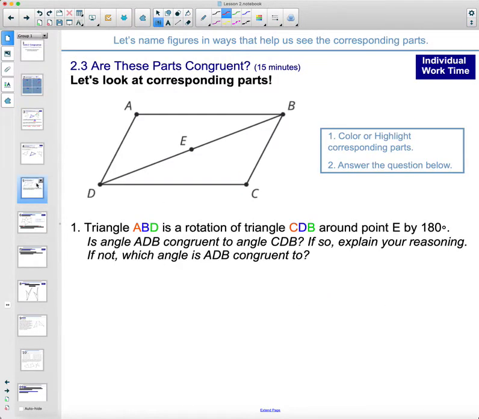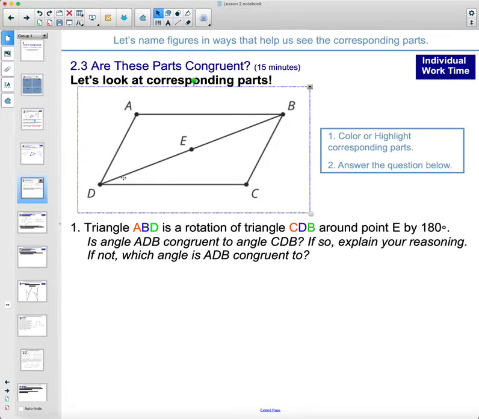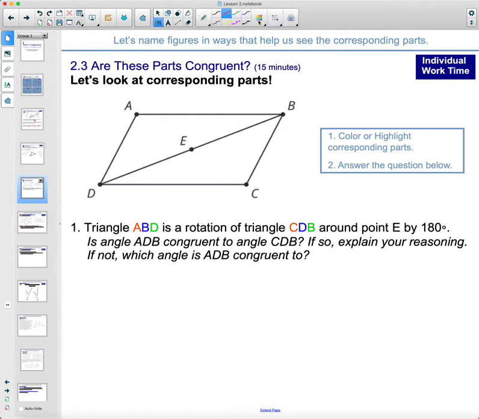All right, then let's take a look at some corresponding parts in this activity 2.3. So they start by telling you that triangle ABD is a rotation to CDB, okay? And you see how we have these colors here to help us. So A rotates to C. B in this top triangle ABD, so this B up here, rotates down to D in this bottom triangle.